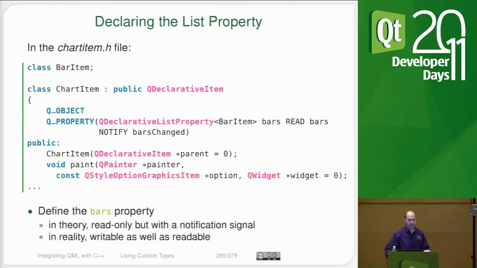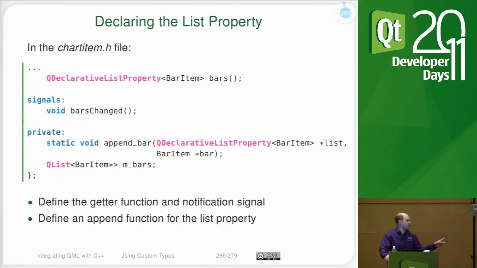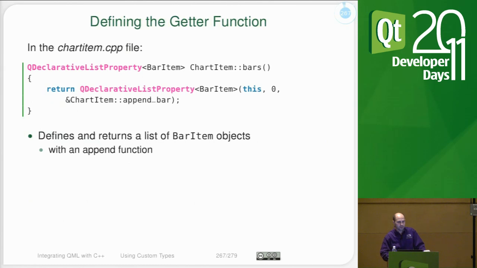So we make this chart item, which is going to use our bar items. And we have this QList of bar item pointers. And we are going to have a static append bar function, which is going to take in the list to append to and the bar item to append. Then in our function bars, which is our read function, we are simply going to return a QDeclarative list property.